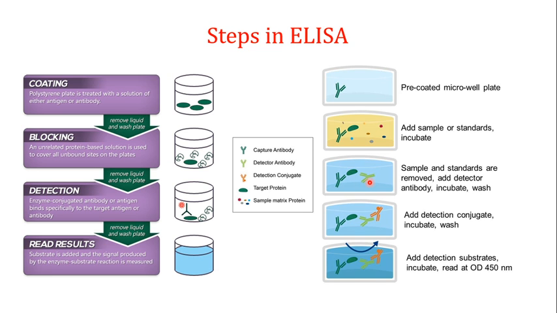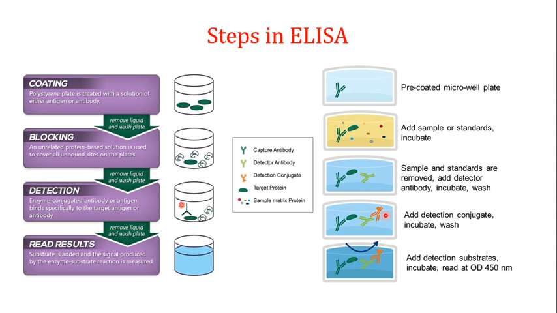Then you add the secondary antibody, which is going to bind to the primary antibody, and after the addition of the secondary antibody, again you have to wash to remove all of the unbound secondary antibody.